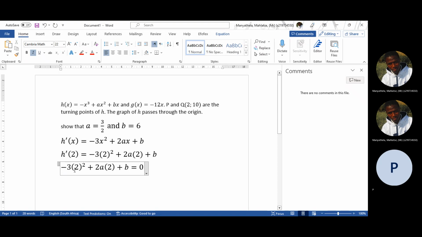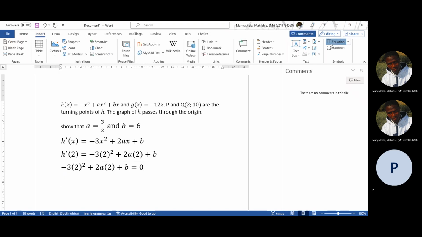If you were to use a calculator to determine that, we're having 2 squared, which is 4. 4 times negative 3 is how much? 4 times negative 3 is negative 12.